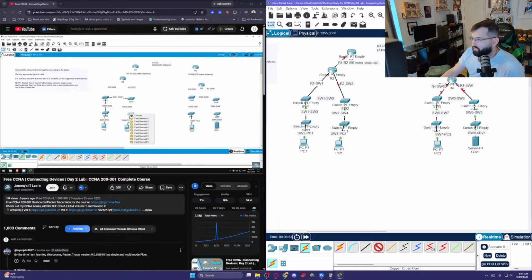Oh, it's too big of a difference. I don't think I can connect those, because 3 kilometers, that's big. That needs fiber. So I think single fiber will do it.